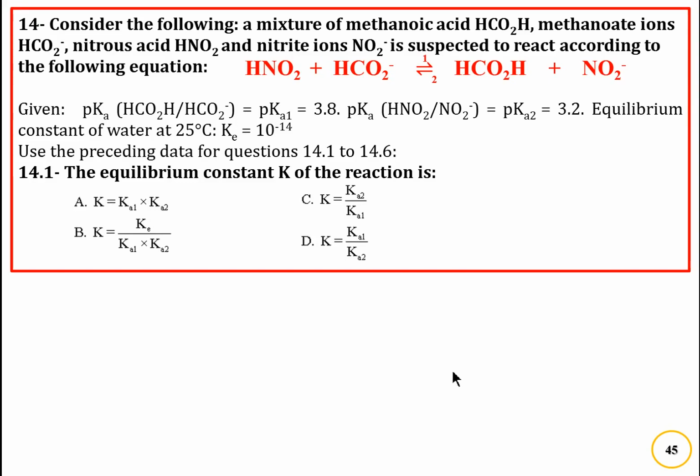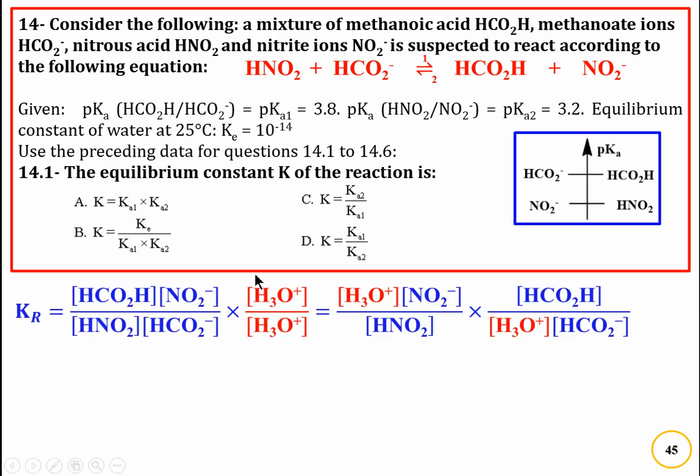Exercise 14. Consider a mixture of methanoic acid and its conjugate base methanoate, nitrous acid and nitrite, and we have the following reaction, given the pKa of the couples. 14.1, the equilibrium constant of the reaction taking place is, so we write the reaction, and the equilibrium constant is equal to the concentration of the products divided by the reactants at equilibrium.